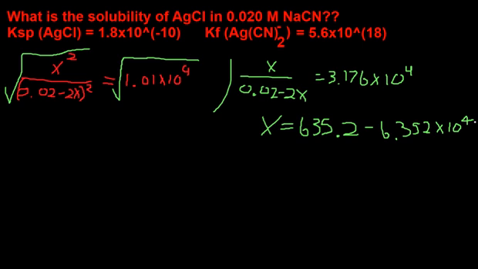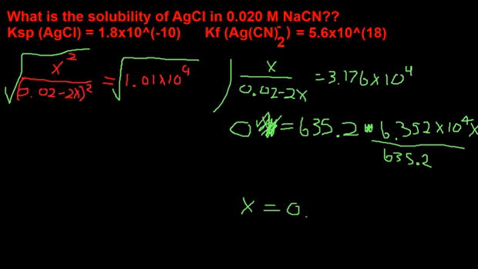Because our 6.352 times 10 to the power of 4 is so much greater than x, we can basically say the x term is equal to 0, get rid of it, and then divide this number by 635.2 to get our x, which is our solubility, 0.01 molar.